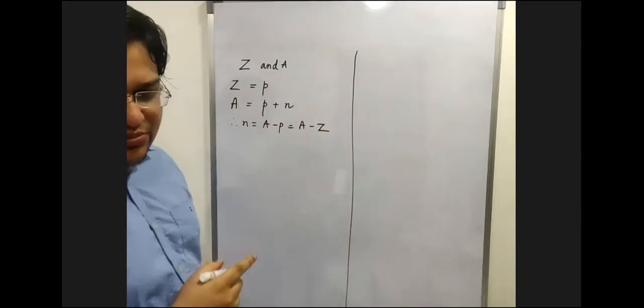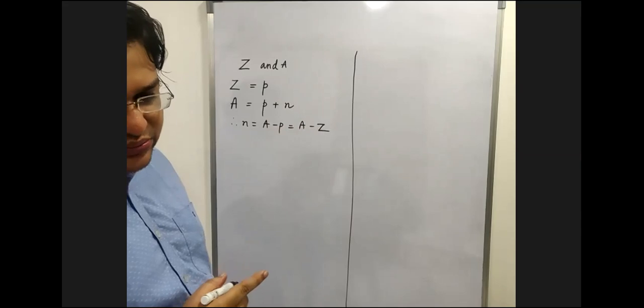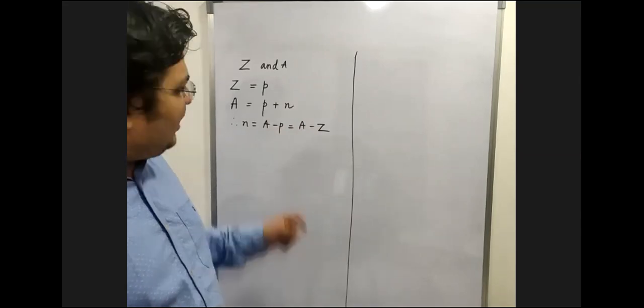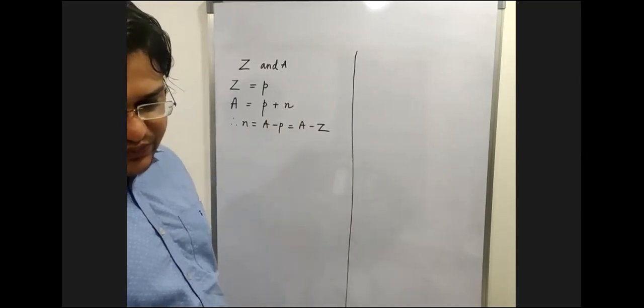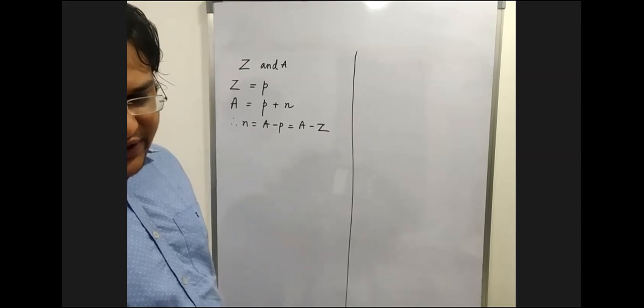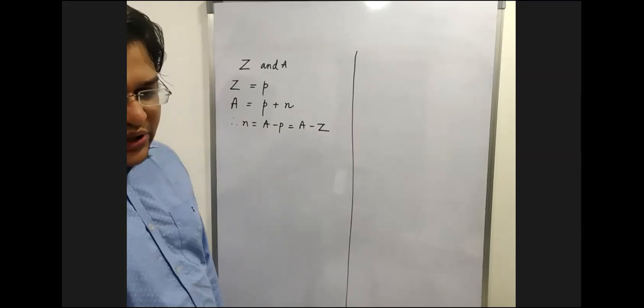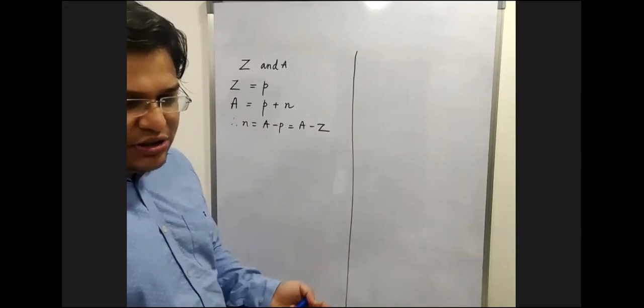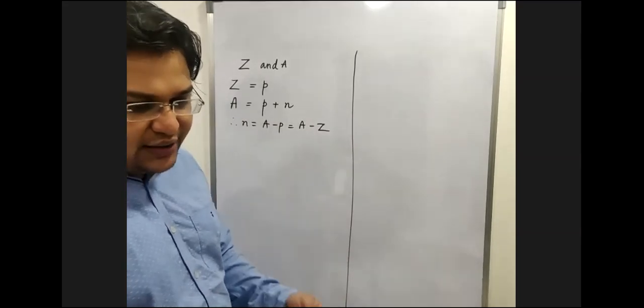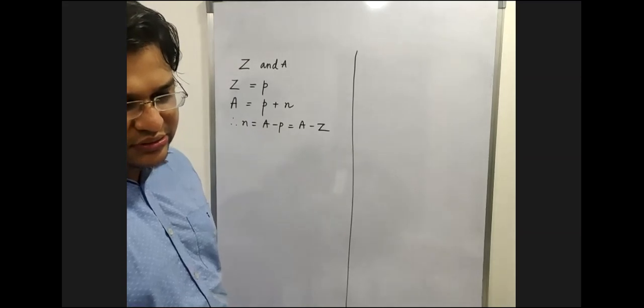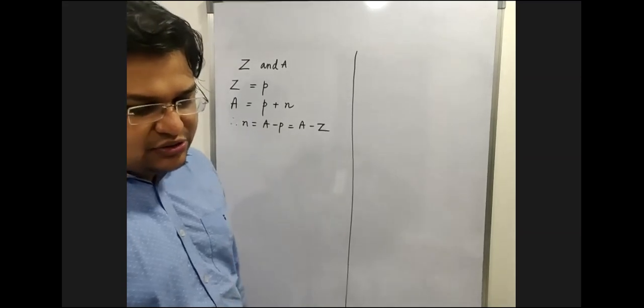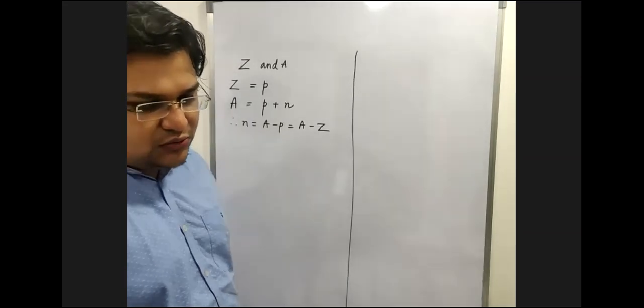Can I say atomic number is nothing but number of protons? Hence I've written, keep writing what I'm writing over there, please. Hence I've written Z is equal to nothing but P. I can also say Z is equal to electrons in a neutral atom. Ashtami, you have to write it. Ashtami, are you sleeping over there? Hello?